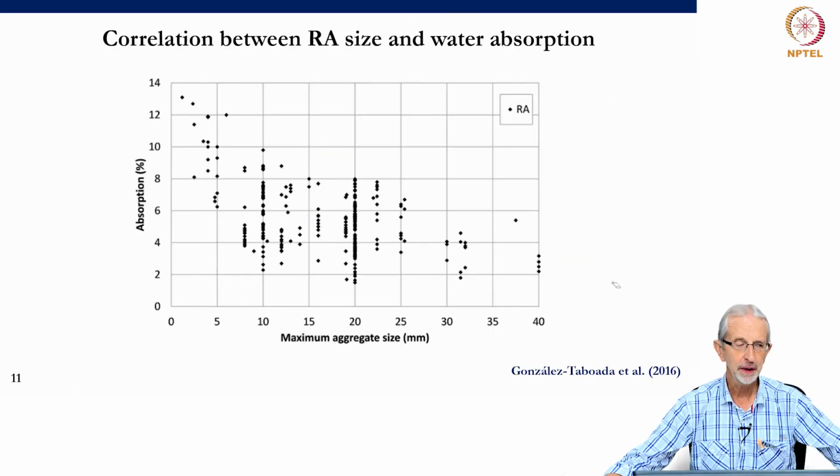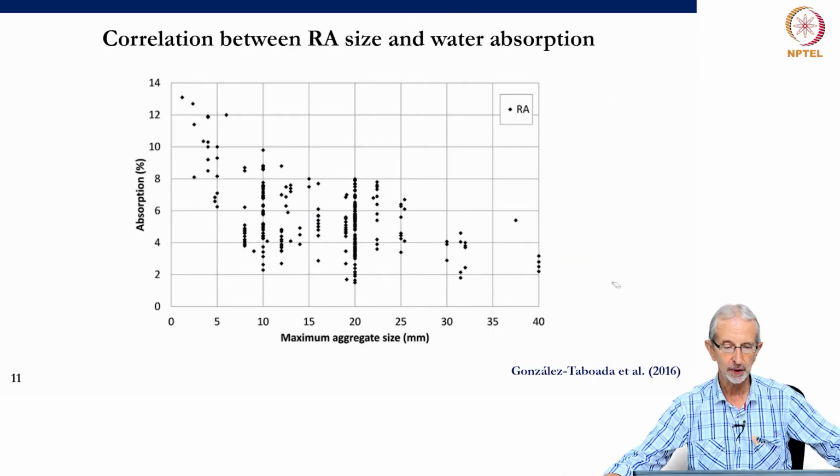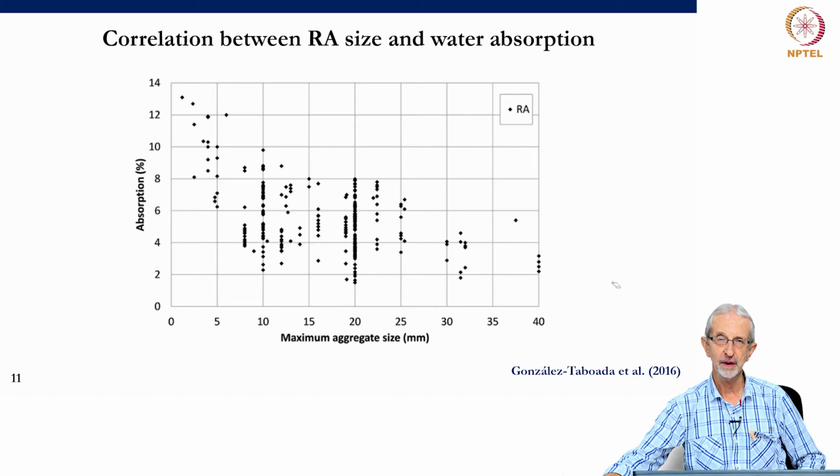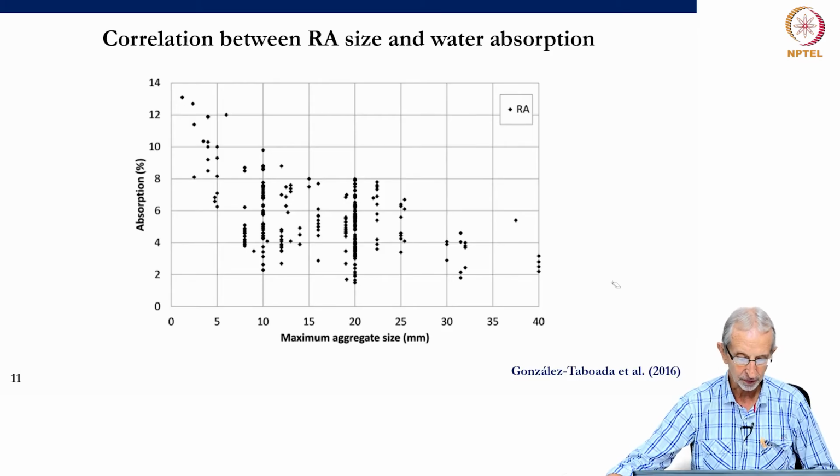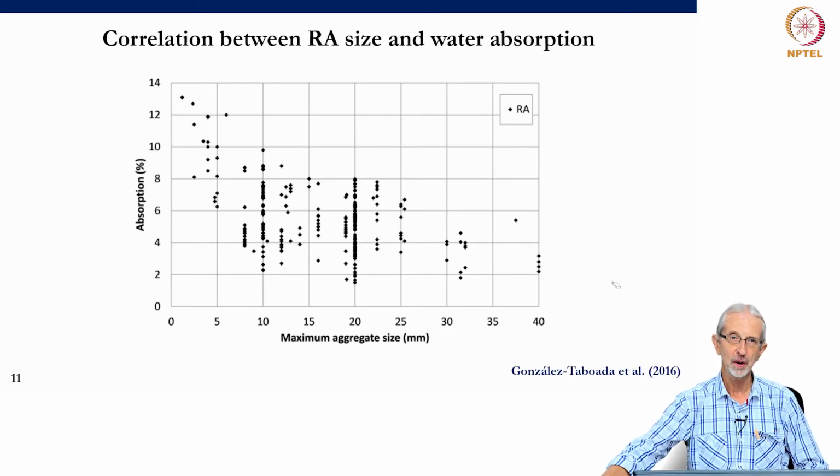Now, if we look again at the correlation between recycled aggregate size and water absorption, exactly the same picture emerges as you would expect, although the spread or scatter here is also, again, quite wide. But in general, the larger the maximum aggregate size, the lower is the water absorption.